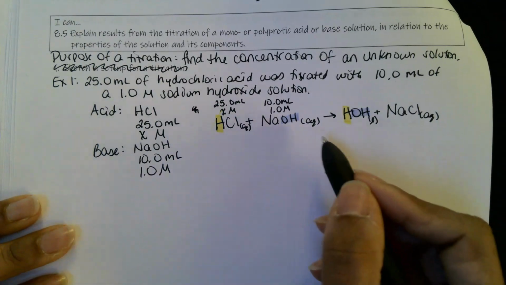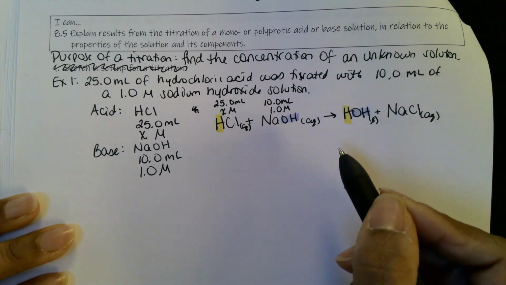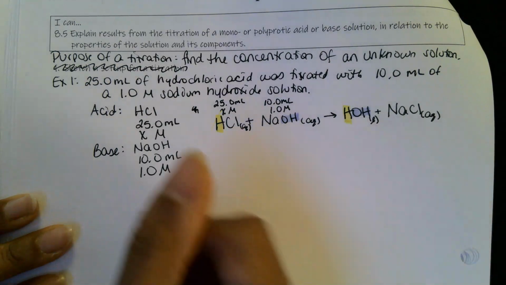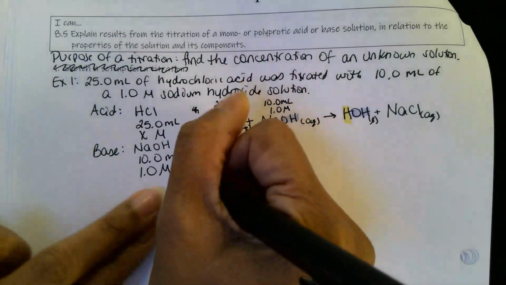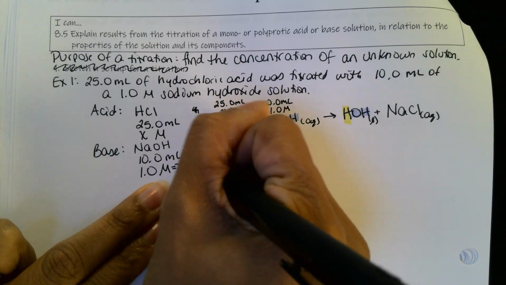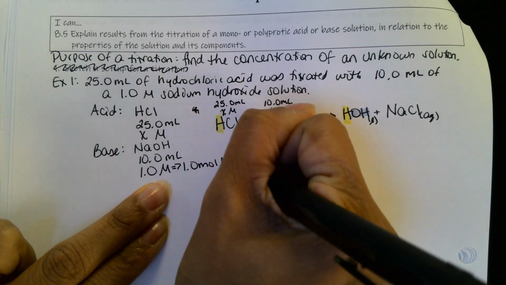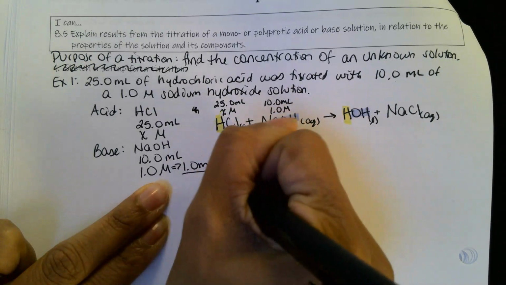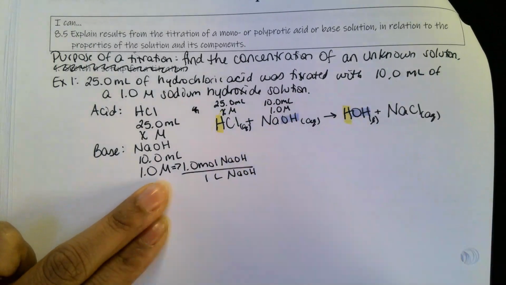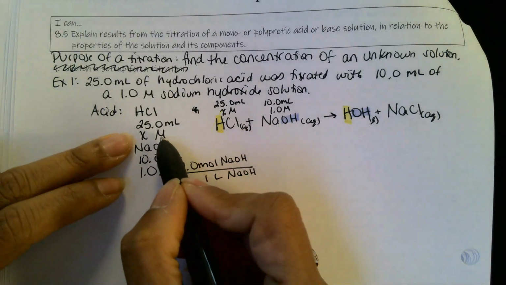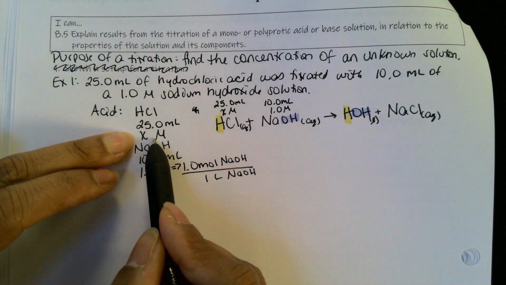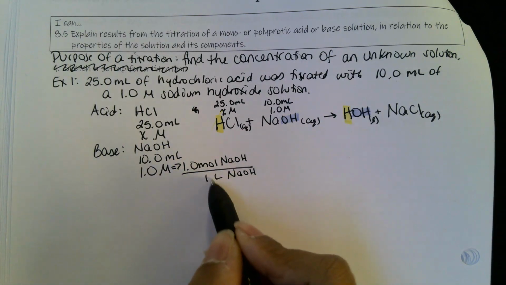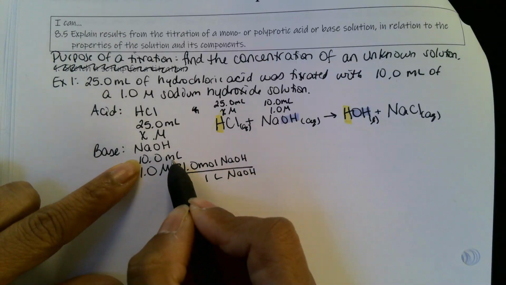So I can use something called stoichiometry or dimensional analysis to help me cancel out some units. So I might start off with knowing that, hey, molarity is moles per liter. So this is really 1.0 moles of NaOH for every 1 liter of NaOH. And that's what I need to find over here: the moles of HCl over the liters of HCl. I also know that this is in terms of liters, but this is in terms of milliliters.